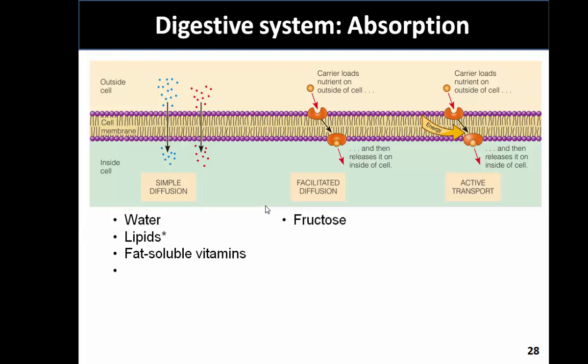In terms of facilitated diffusion, fructose, which is one type of monosaccharide, will bind to a protein receptor and will move into the cell. Water-soluble vitamins will get absorbed by binding to certain proteins embedded in the membrane of the intestinal cell as well.